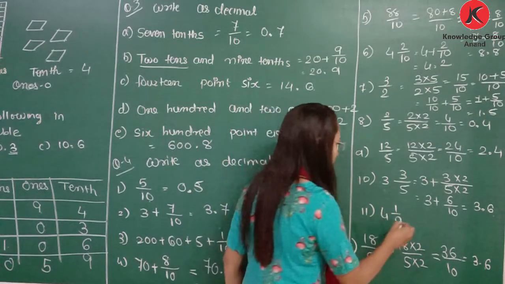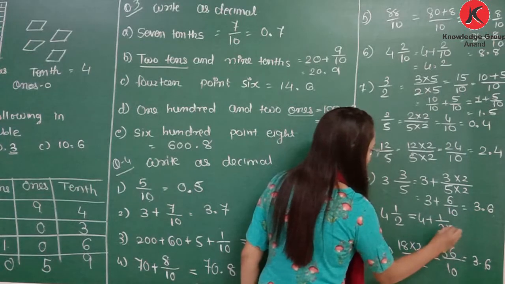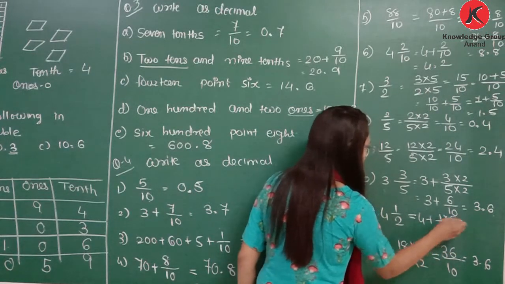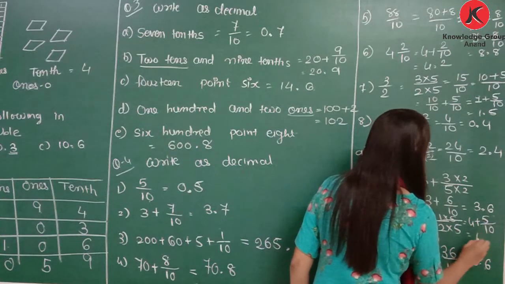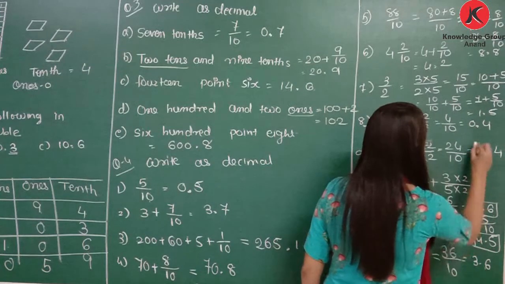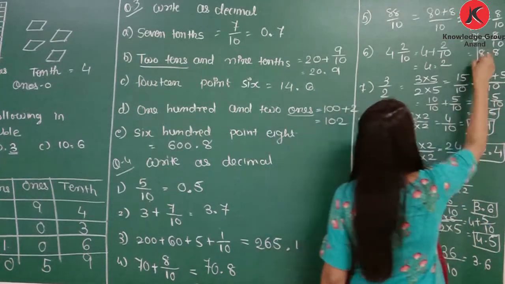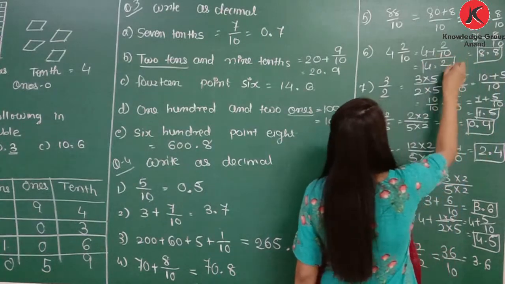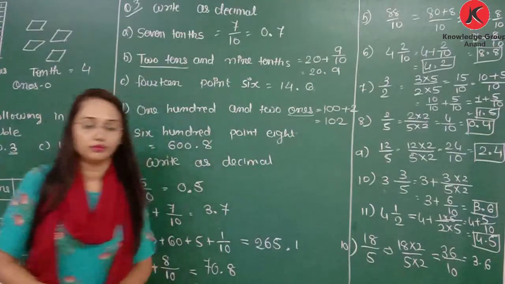Both methods will be correct. So here 4 plus 1 by 2. Now 1 by 2 can be multiplied with 5. So it is 4 plus 5 by 10. So it is 4.5. So this way you can convert a fraction or expanded form into a decimal number.